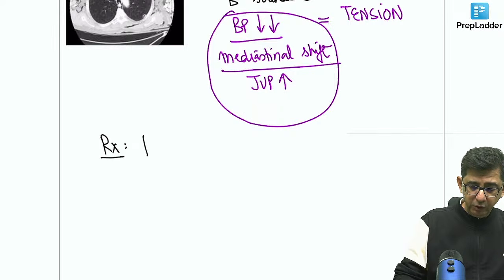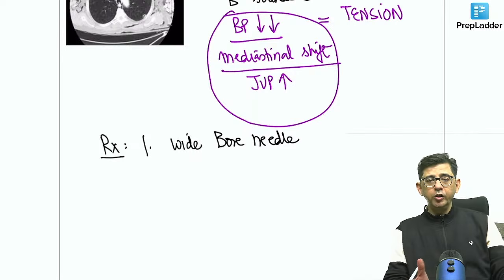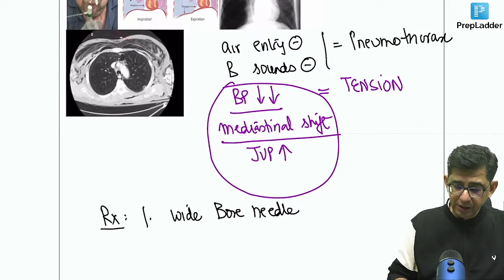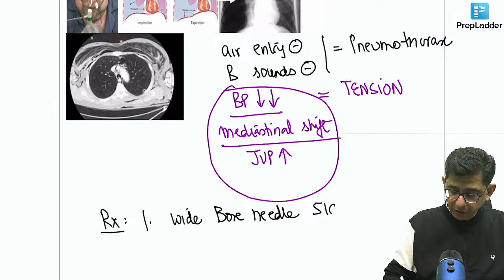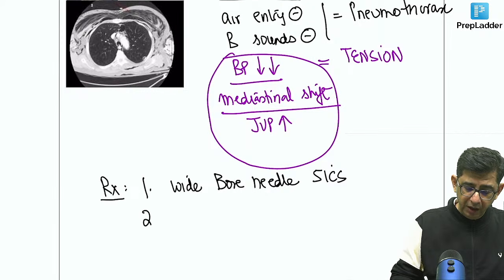The first thing we will do is we will be putting a wide bore needle, but not all questions will be having a requirement of a wide bore needle. If a question is on secondary pneumothorax, then we'll not put a wide bore needle in a patient. It's only for tension pneumothorax that this is to be answered. Fifth intercostal space anterior to the mid-axillary line, triangle of safety everywhere here. Then it's going to be an intercostal drainage tube.